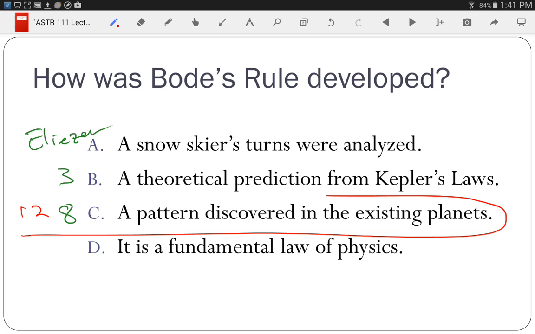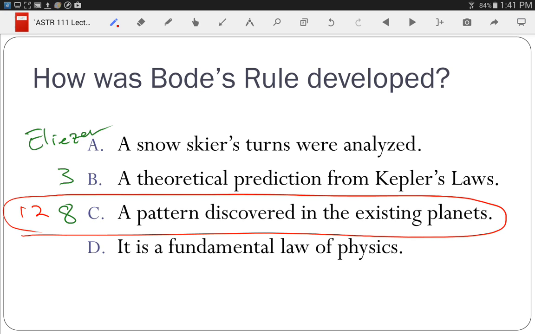A pattern discovered in the existing planets. It's not a theoretical prediction of Kepler's law. If it was a prediction of Kepler's law, then it would have been scientific. But it wasn't based on scientific ideas, it was a pattern that was found. Now, remember when we talked about the emission spectra from light, and I had the lamp out here with the very specific lines?